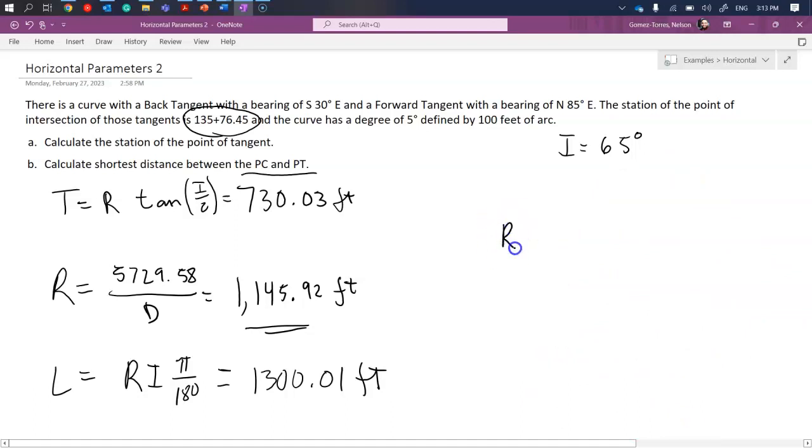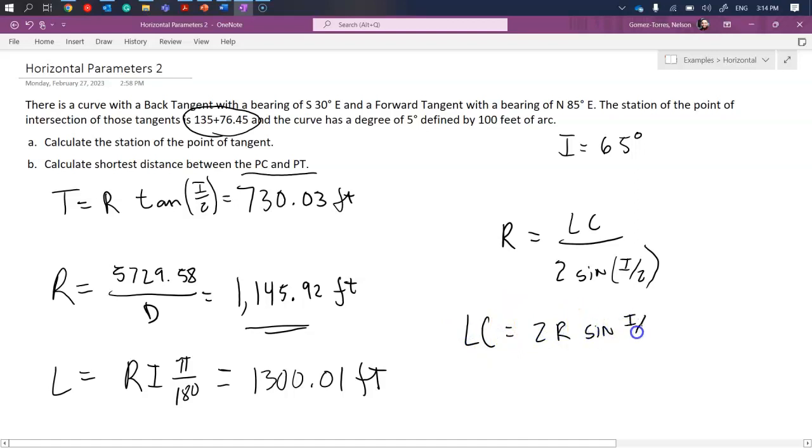So it will be R equals the long chord over 2 sine of I over 2. But what we want is LC. So we do the magic that you learned with math many years ago. This is going to be 2R sine I over 2.